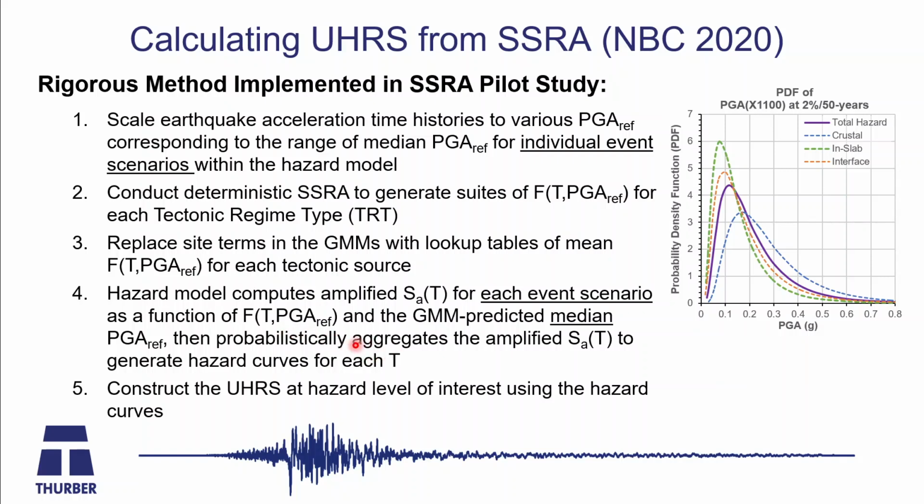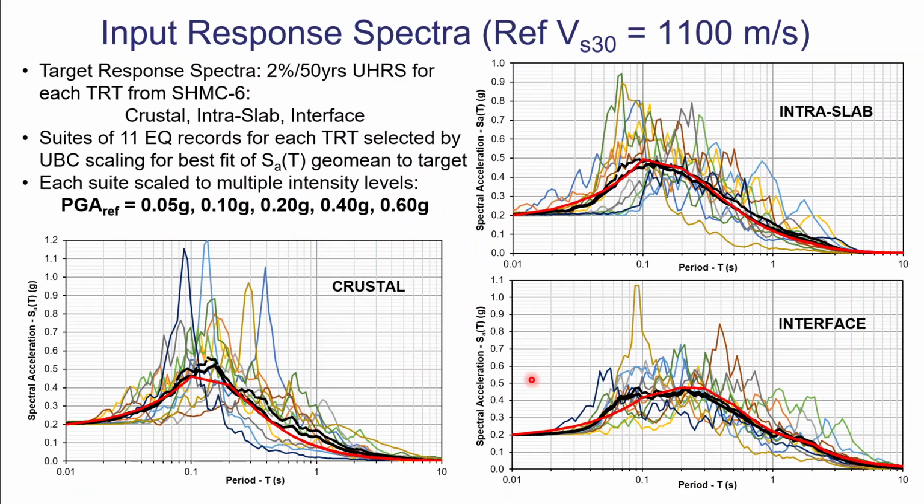And then UBC generated the hazard curves using those amplified values, and then we construct the uniform hazard response spectra for different hazard levels using the hazard curves.